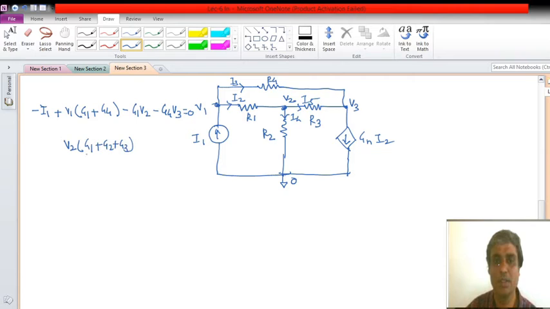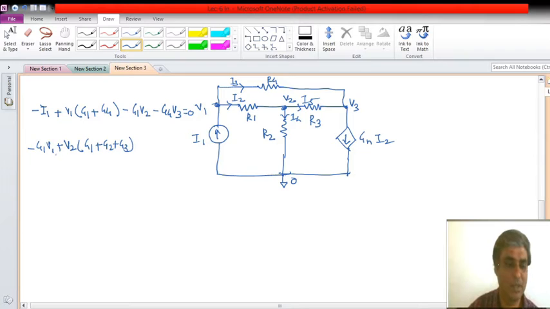For V1 it will be minus G1 V1 0. Then between 2 and 3, the common conductance is R3, so it will be minus G3 V3 equal to 0.